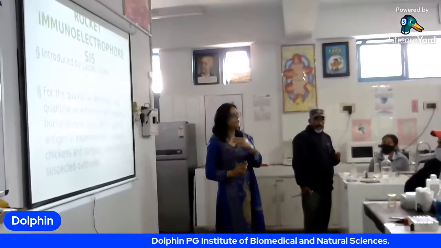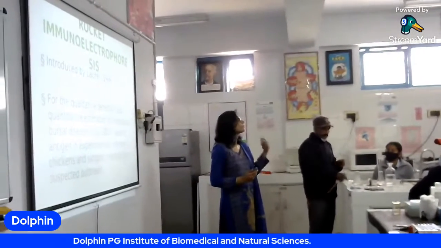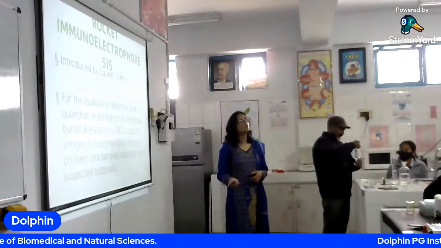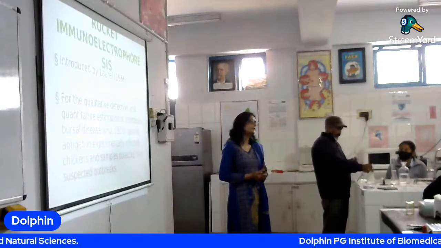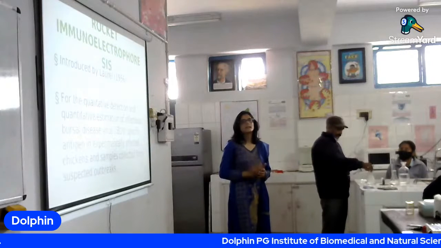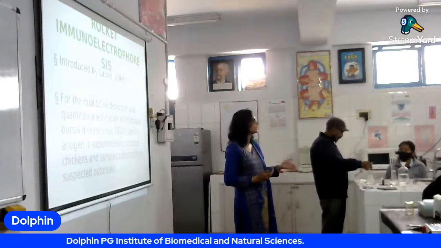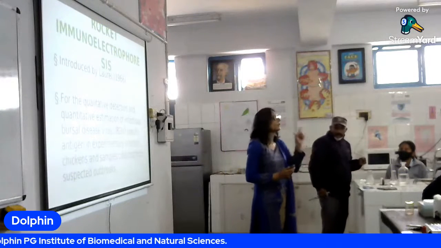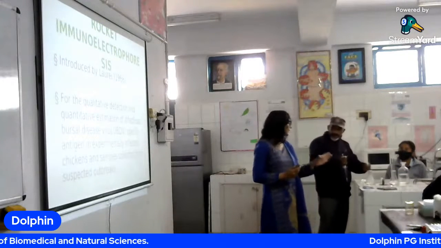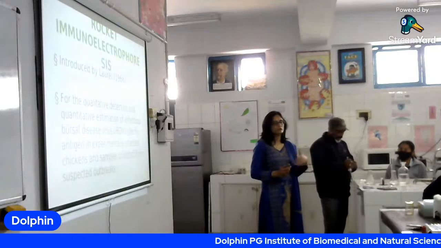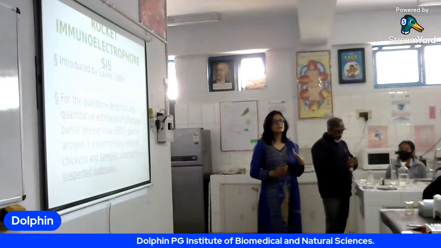The marker here is the antigen. So antigen is coming in the infected sample, and we want to see how much antigen is there. So that's why this is carried out, to see how much infection is there. तो कितना antigen है उससे पता चलेगा कि कितना infection है.